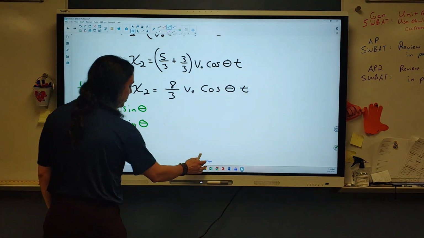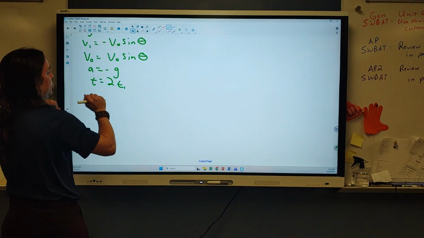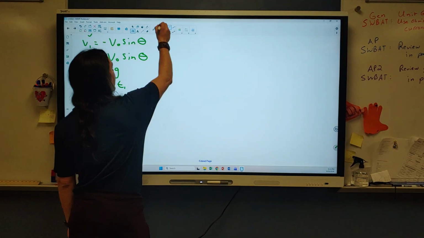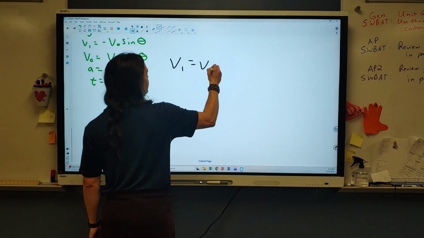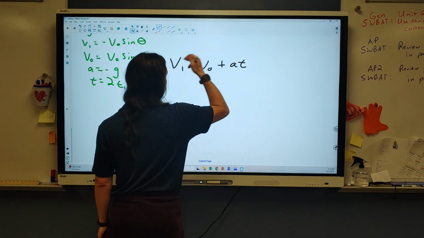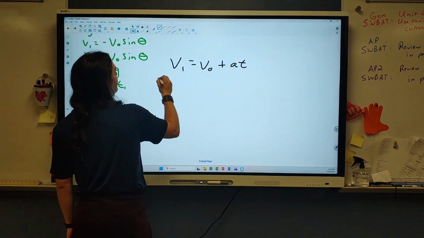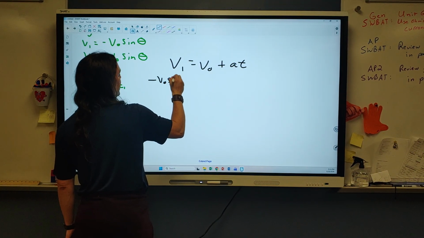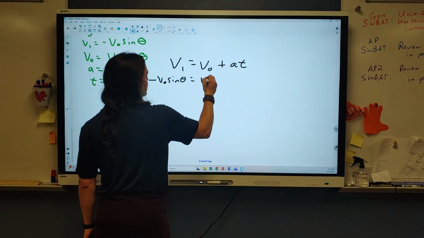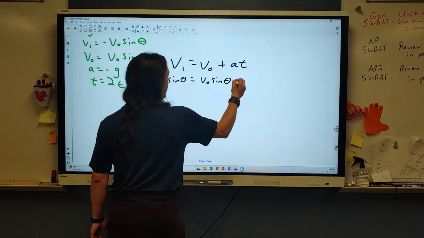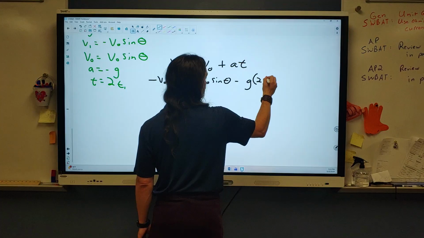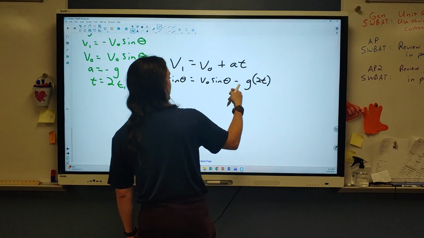The nice thing about this is you could use all sorts of things. If I use the equation v final equals v initial plus at, I could do the following. Negative v0 sine theta equals positive v0 sine theta minus g times 2t. I'm doing the minus from the minus g.